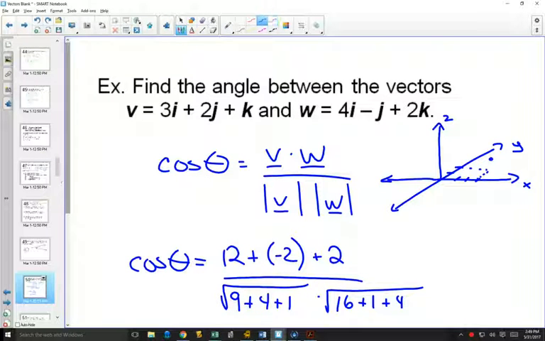I'll draw that one in green. And then I have the vector w, which is 4 in the x direction, negative 1 in the y direction, and then 2 units up. I'll draw that one in red.